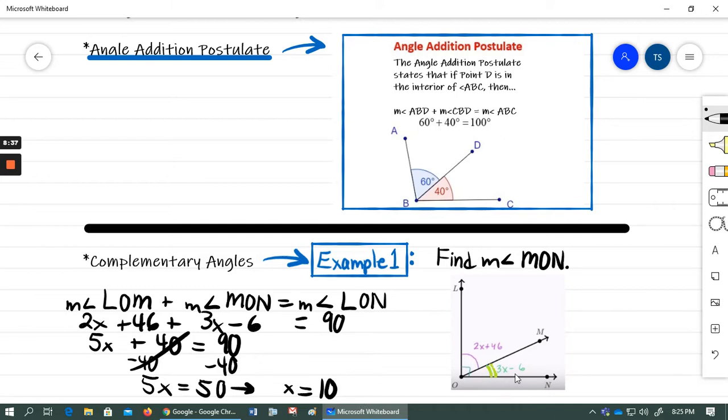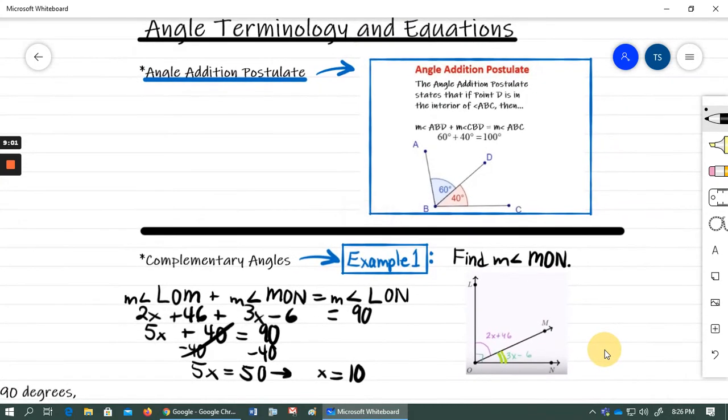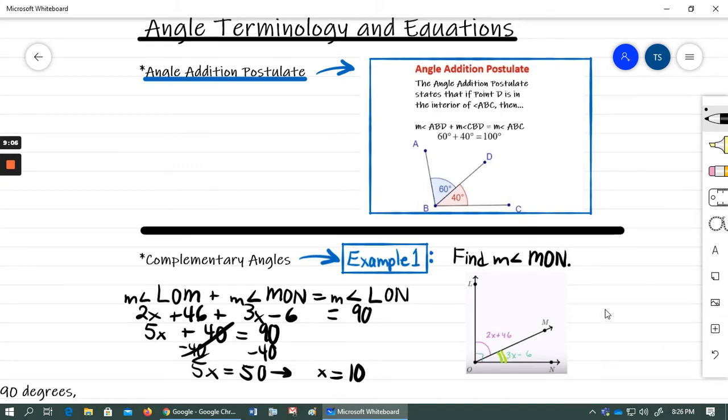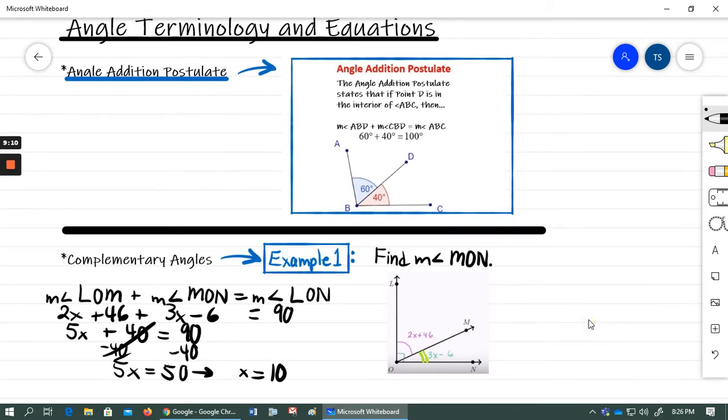So guys, according to the diagram, the measure of angle MON is that variable expression 3x minus 6. So guess what? We're going to have to use that expression 3x minus 6, because that's the expression that's technically equal to angle MON. So let's use that expression of 3x minus 6 and substitute in our value for x.